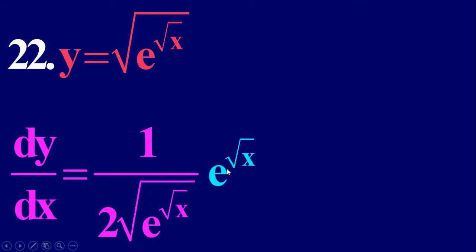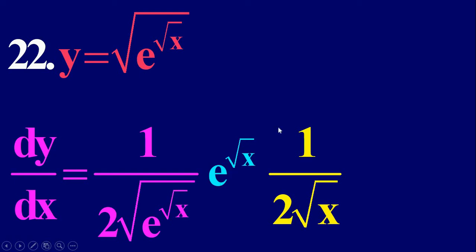So again you have to differentiate root x. Root x differentiation is 1 by 2 root x. So therefore it is 1 by 2 into root of e power root x into e power root x into 1 by 2 root x. We can simplify this. 2 into 2 is 4, and here we have root of e power root x, and here it is only e power root x. Now this is of the form x by root x.